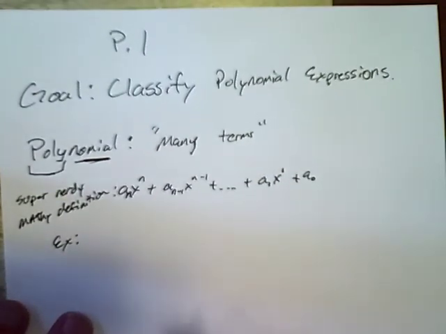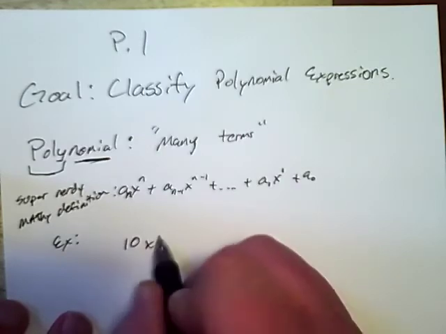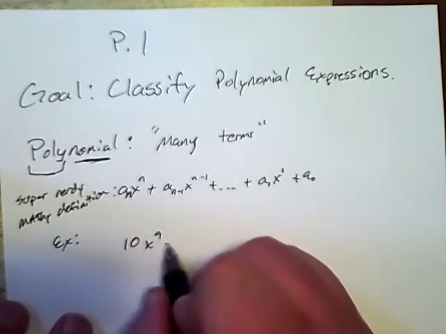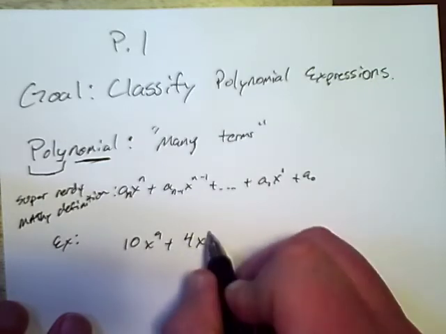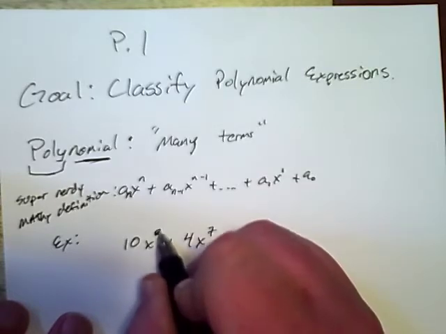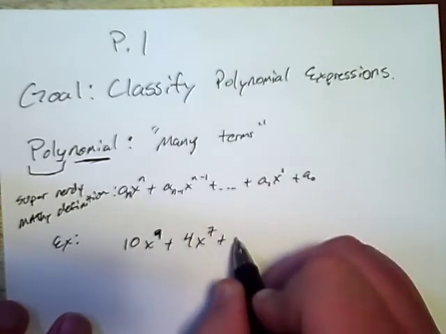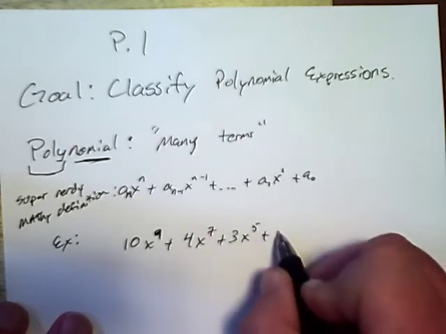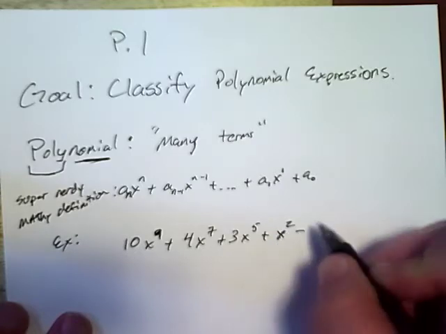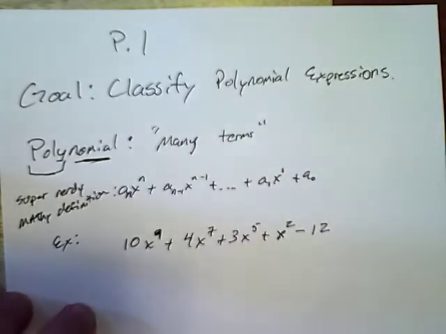Today's date is the 10th of September, so we're going to say 10x to the, I'm just using the numbers on my watch here, let's go with a 7, to the 5, minus 12. Okay. Now, here we have a polynomial.